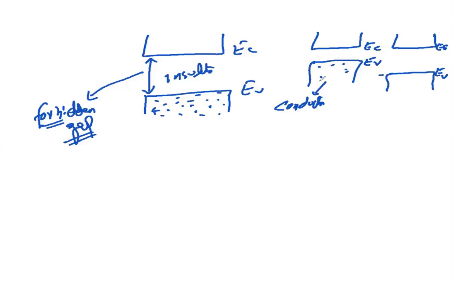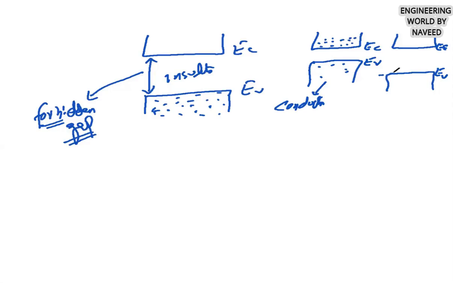So if the temperature is normal, which is 25 degrees C, as we normally take 25 degrees C as the normal temperature, then you will find electrons here.